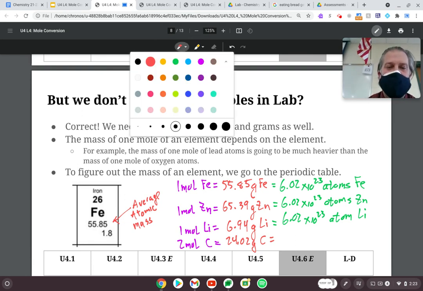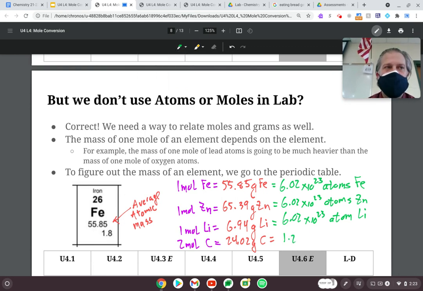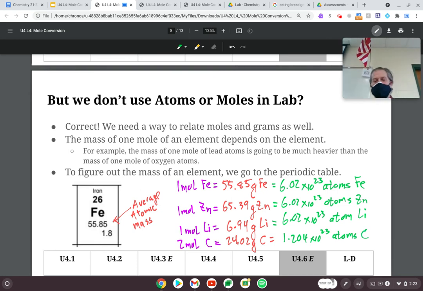Well, that would be 12.04 times 10 to the 23rd atoms of carbon. So double 6.02. Does that make sense? It's 12.04, but it'd be times 10 to the, sorry, I miswrote.